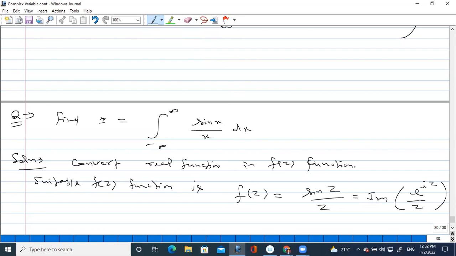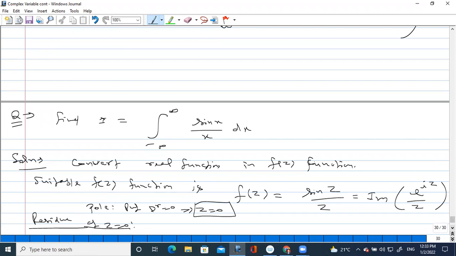Okay, so from here you can find the residue. To find the residue, I have to find the pole, and the pole will be z equal to 0. To get the pole, put the denominator equal to 0. It means z equal to 0. So this is our pole. So we have to find the residue at z equal to 0.